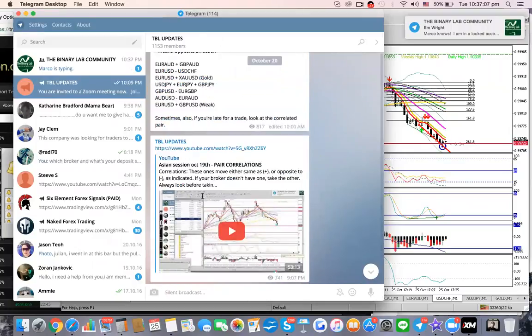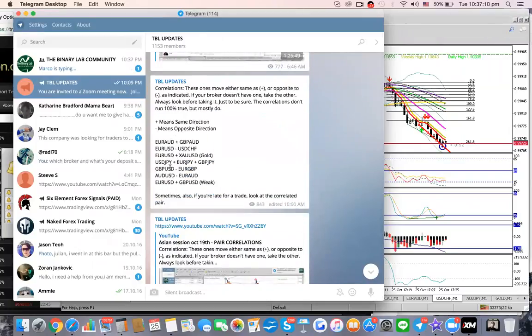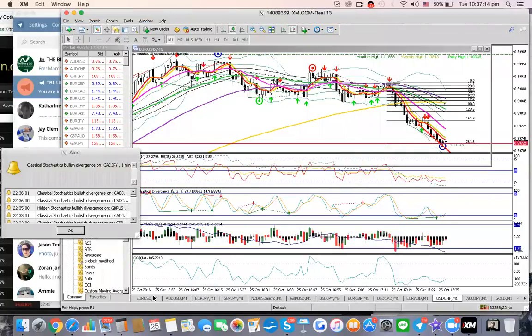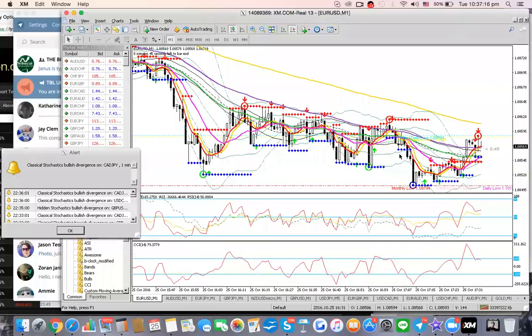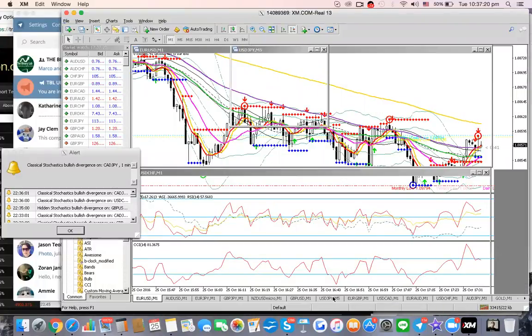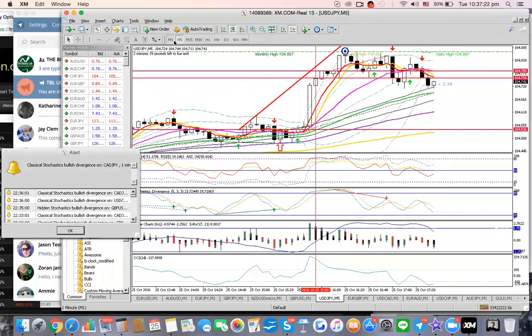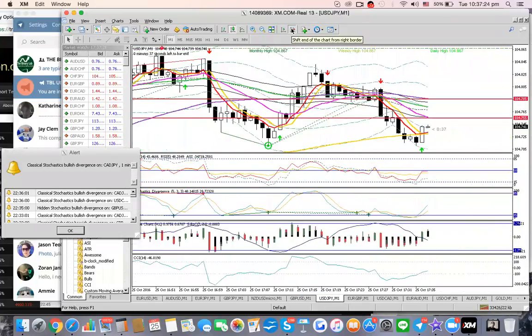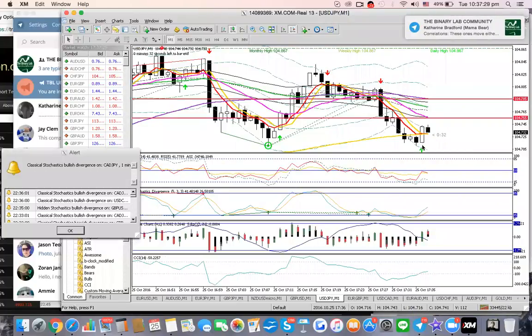Where I put it. If you don't have UCHF, do Euro USD. So it should be the opposite. But this is the worst one. So in that case, look at USD JPY, maybe something.